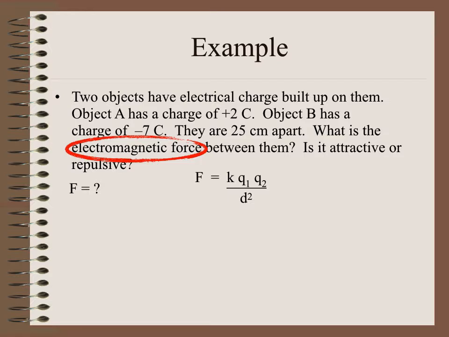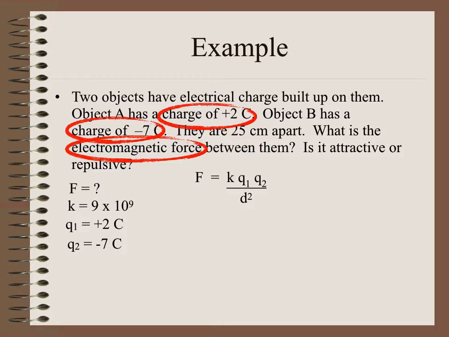Now we can go through and list our information. k is a constant, so that's not going to change. It's not given in the problem either, but it has a value of 9 times 10 to the 9th, or 9 billion. Next we have our two charges. Object A has a charge of 2 coulombs. Object B has a charge of negative 7 coulombs.